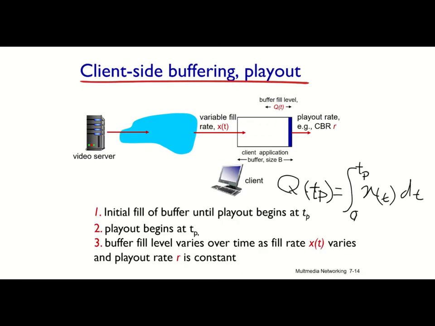So if you consider some playout delay on the client side, for example, assume that the delay is t of p, which means the playout will begin t of p after the first packet of video is received, then the initial buffer fill level when the playout begins should be equal to the integral from 0 to t p of x of t d t, because there is no playout rate from time 0 to t of p.